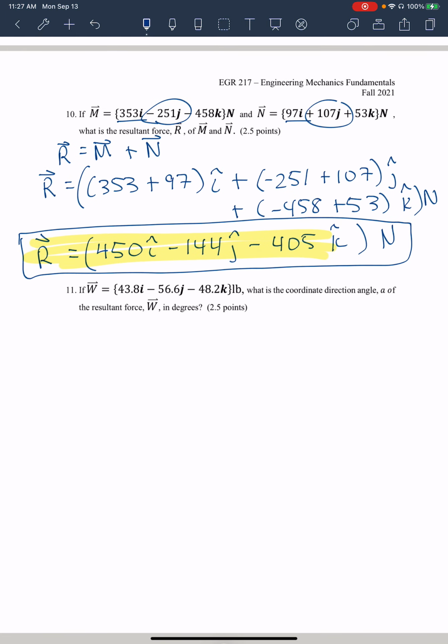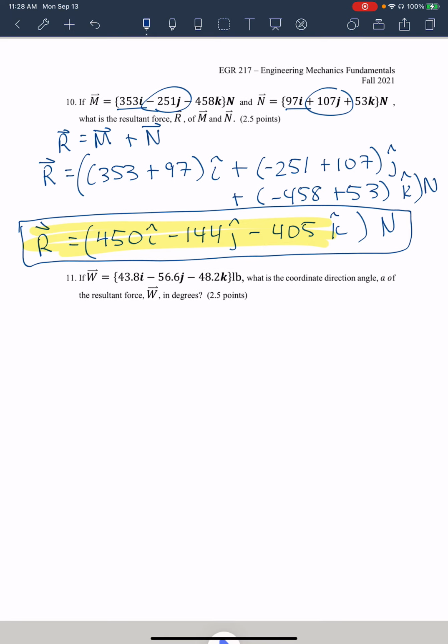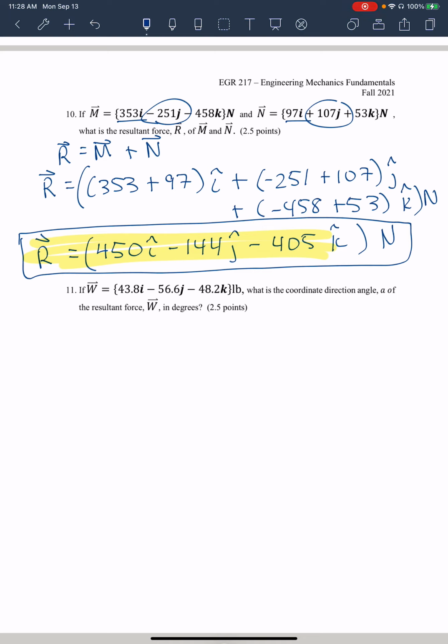And then for question 11, it actually didn't ask for it, but in the test I'm not going to require you to write the units. Question 11, if W equals 43.8I minus 56.6J minus 48.2K pounds, what is the coordinate direction angle alpha of the resultant force W in degrees? So for those coordinate direction angles, see where alpha is to the x-axis.